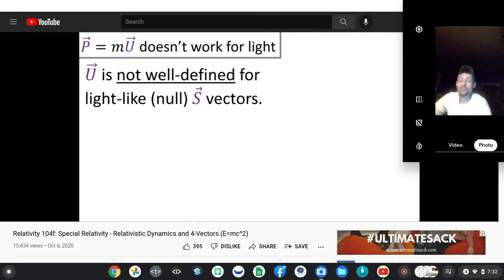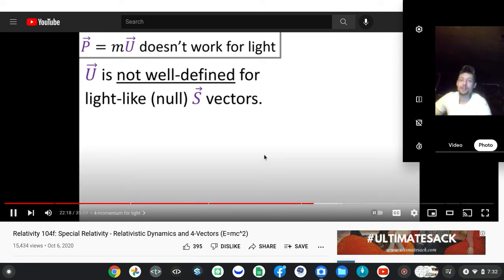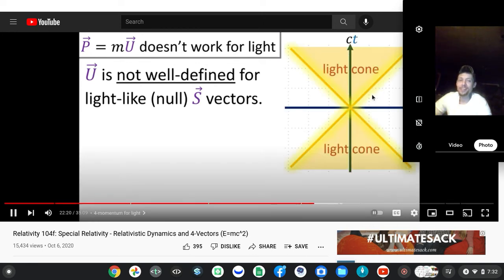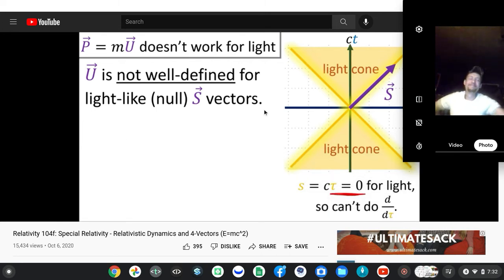It turns out that the formula mass times 4 velocity doesn't work to get the 4 momentum of light. The reason is that the 4 velocity big U is not well defined for light-like position vectors. The proper time tau for light-like position vectors is always 0, so it doesn't make sense to take a derivative with respect to tau for a light-like position vector.